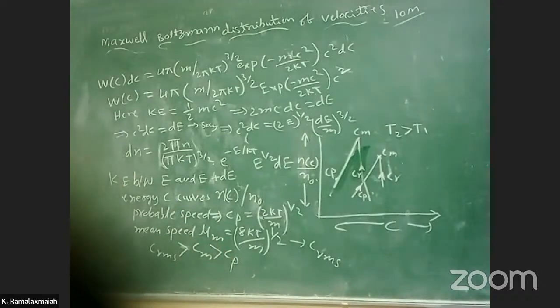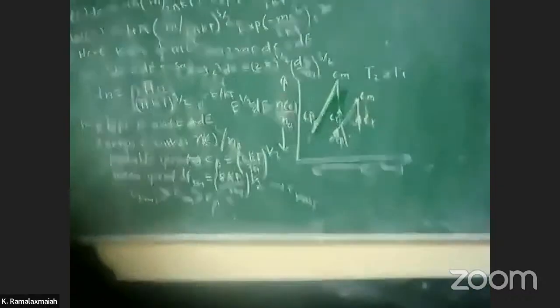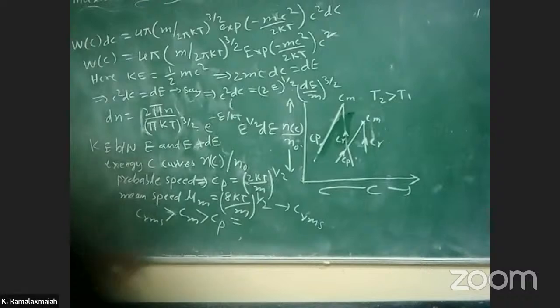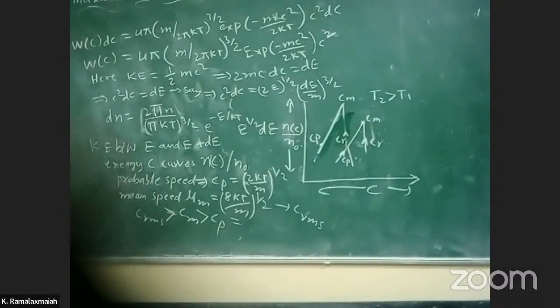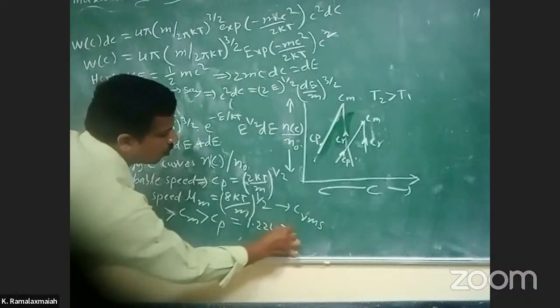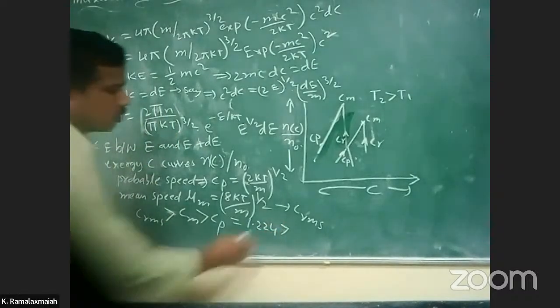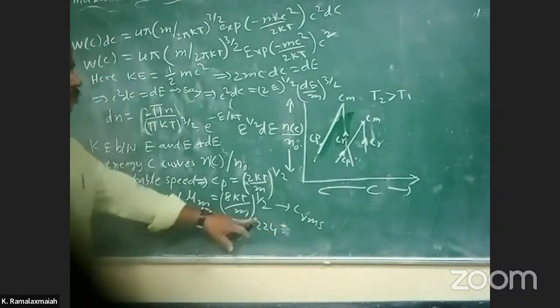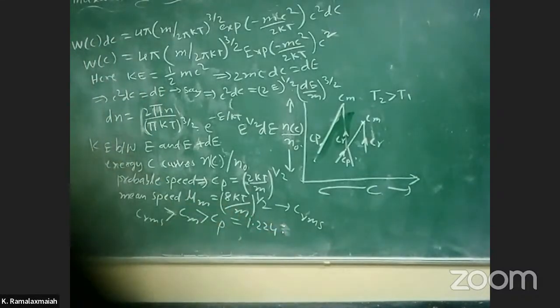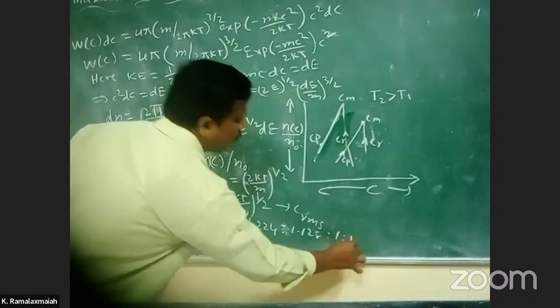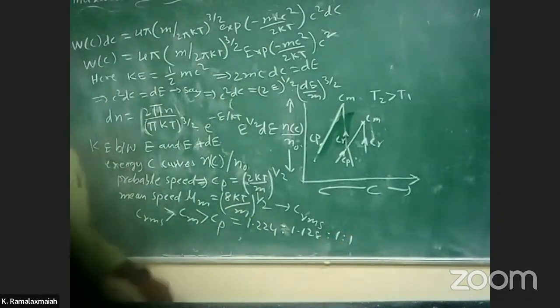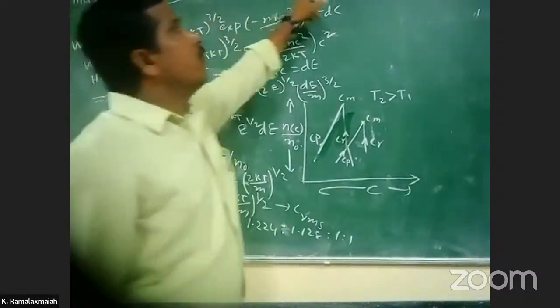So these are the speeds of the molecules. The ratio of RMS value, CM value, and CP value is 1.224 to 1.128 to 1 respectively, in the Maxwell-Boltzmann distribution of velocities.